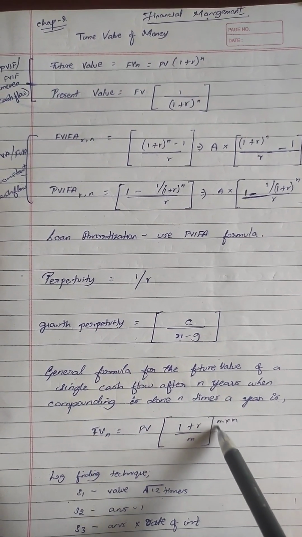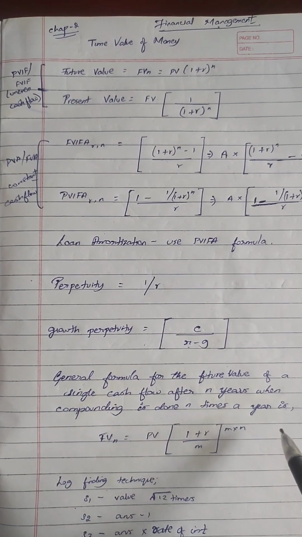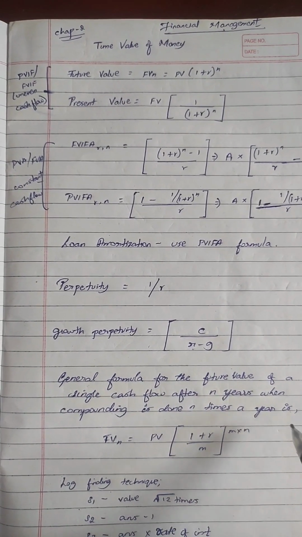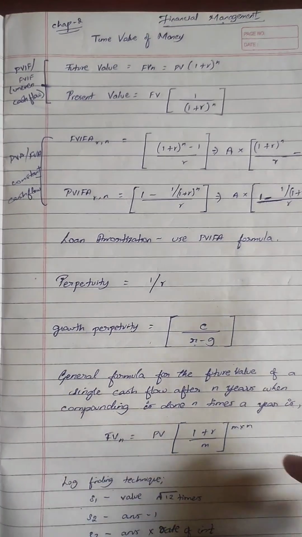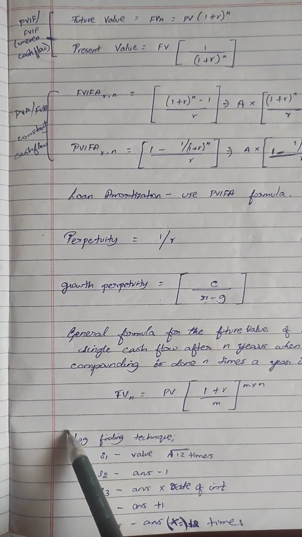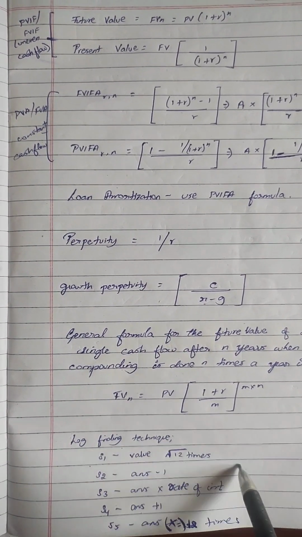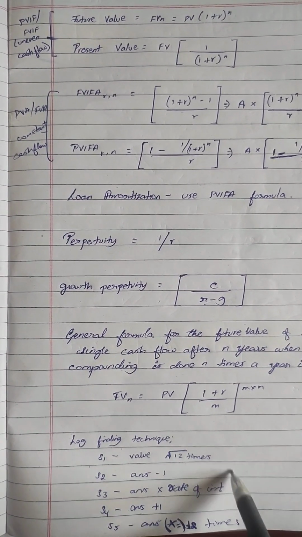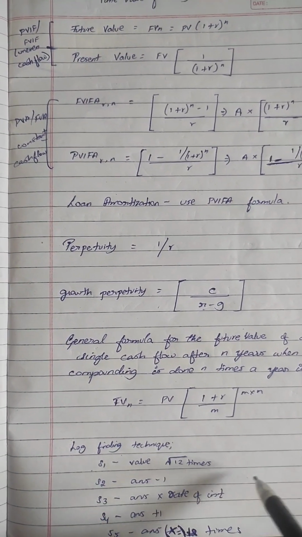You will be clear about how and when to use this formula once we solve the problem. And next is a note on how to find the log and solve it. Just know this one. We will understand it much better when we solve the problem.